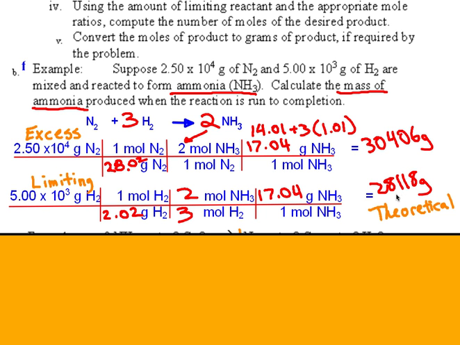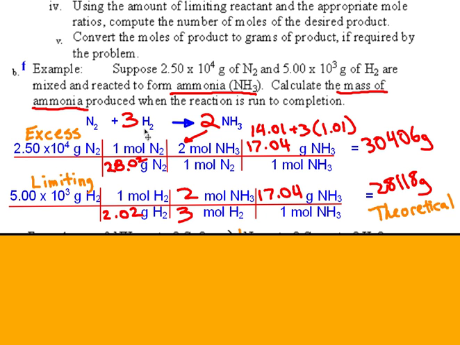Notice this answer, 28,000, is smaller than the other answer. When you get to 28,000 grams of ammonia, all of the hydrogen is gone because it's completely changing over into ammonia. And if you get to 28,000 and that hydrogen's gone, this reaction would stop.